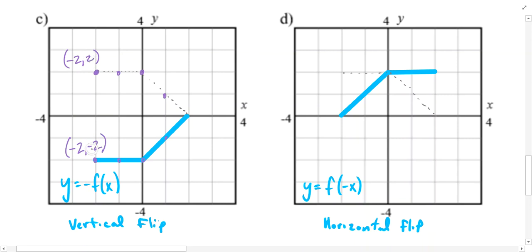Instead of a positive 2, it becomes a negative 2. And now that coordinate has been identified. You could do the same for each coordinate along the way. Now, as far as a solution to the question goes, I'm really only interested in the end result. If you leave evidence of your original function here, that's fine. Just make sure that it's very light and not the focus of our attention.